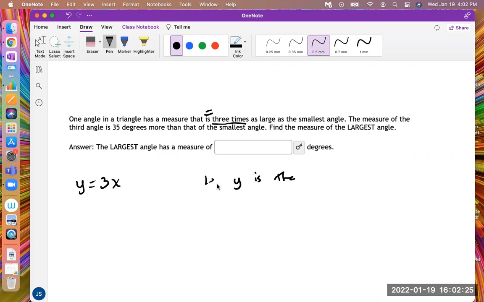We say, let y be the largest angle, and let x be the smallest angle.